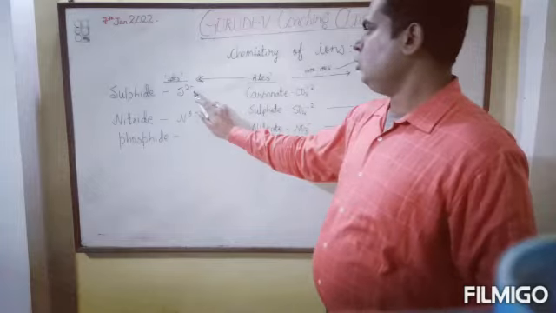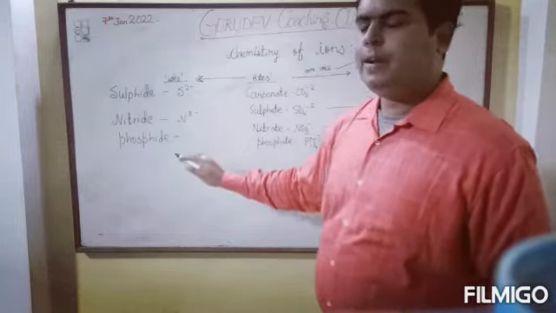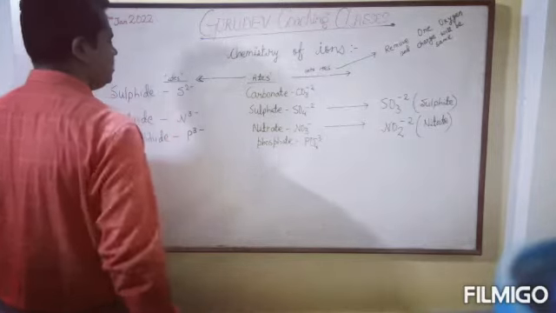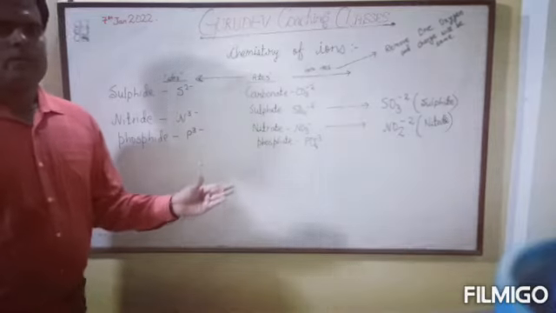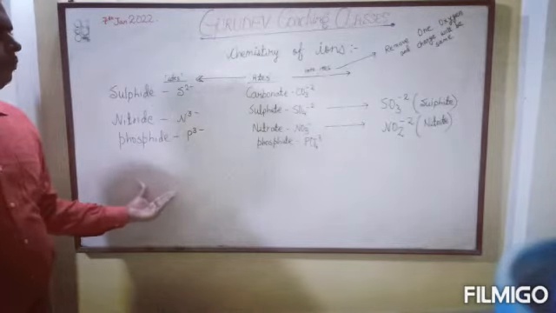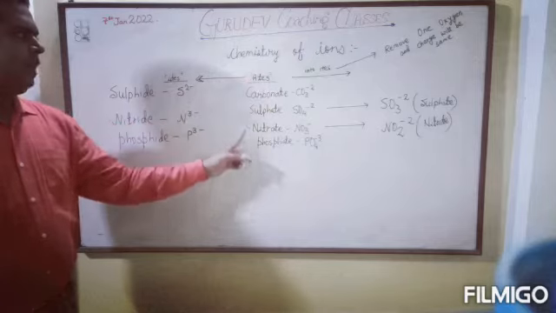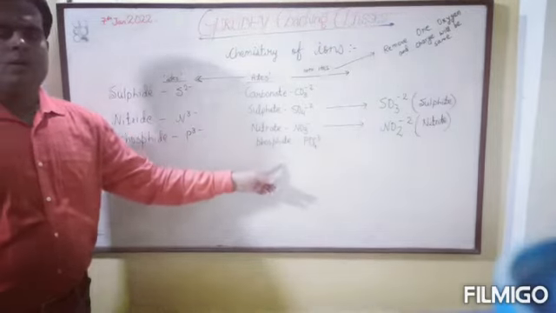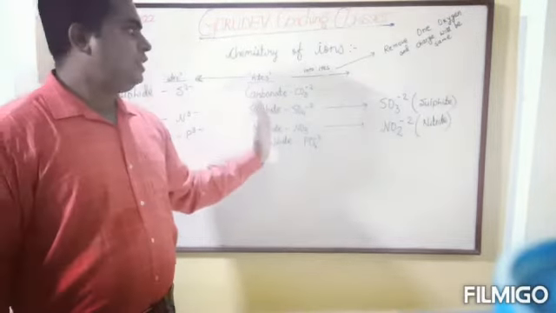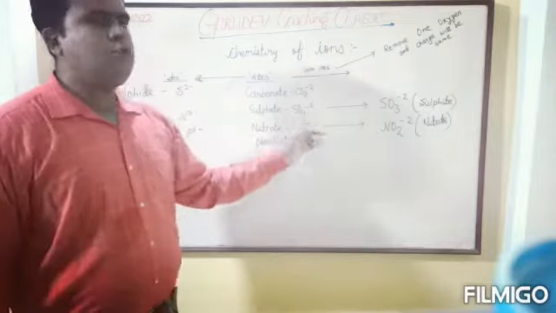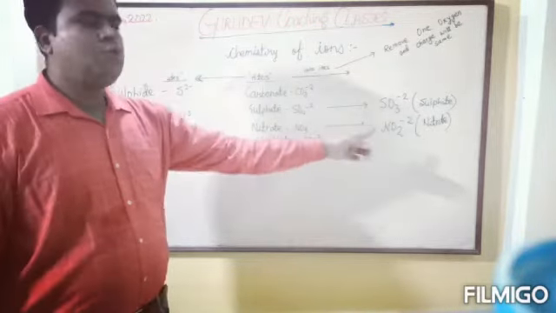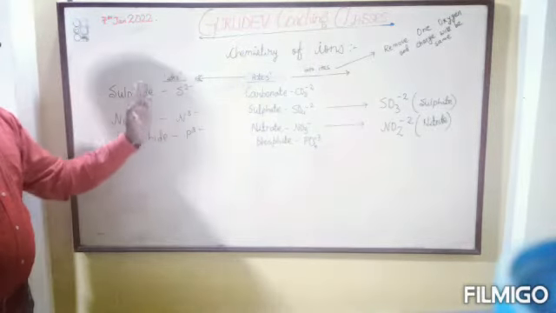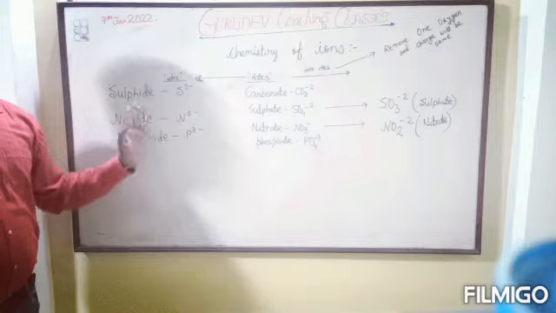Sulfide has charge 2 minus, nitride 3 minus, and phosphide again we have P 3 minus. So look at the whiteboard. In the form of core ions, we have carbonate, sulfate, nitrate and phosphate along with the formulas. How we are going to change ates into ites: sulfate into sulfite, nitrate into nitrite, and from the same ites, how we are going to change into ides: sulfide, nitride, and phosphide.